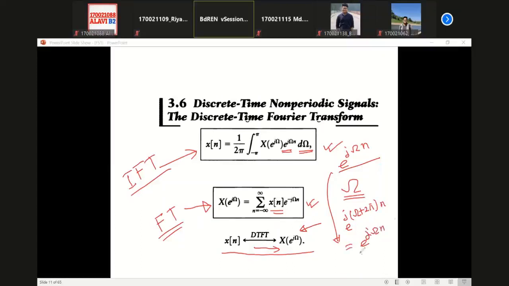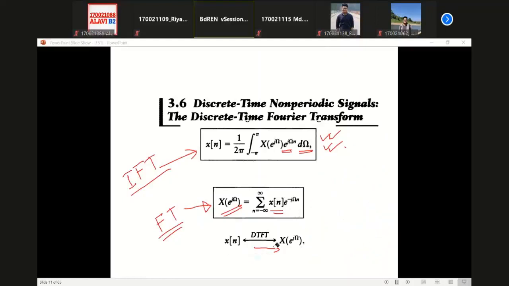This means that this quantity is periodic, and if it is periodic, then only one cycle of the period is enough to reconstruct this signal. So you need only integrate from minus pi to pi just to grab one cycle of our Fourier transform. That is enough to reconstruct the signal.